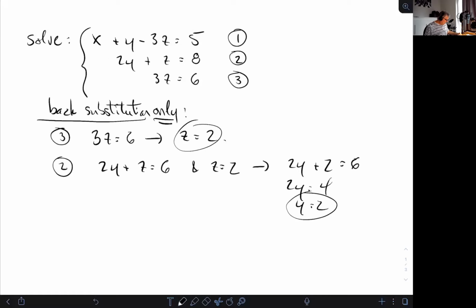And finally, once I've got these two out, yes? In the book, I think it says that 2y plus z equals 8. Yeah, at least in my book. Oh, yeah. Okay, so I wrote 6 here. Sorry, thanks. Yes. Let's change that.